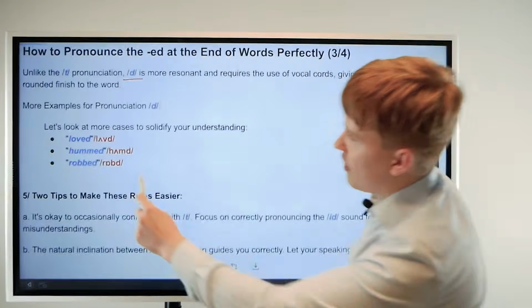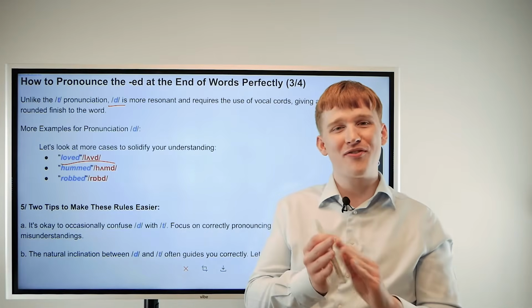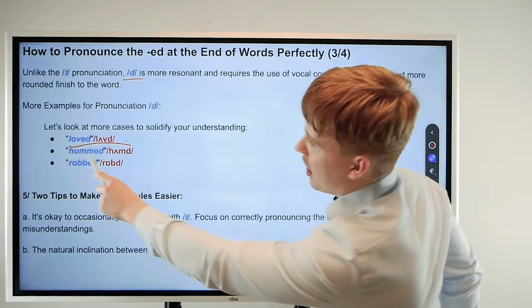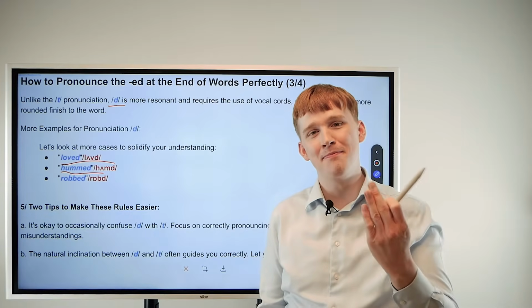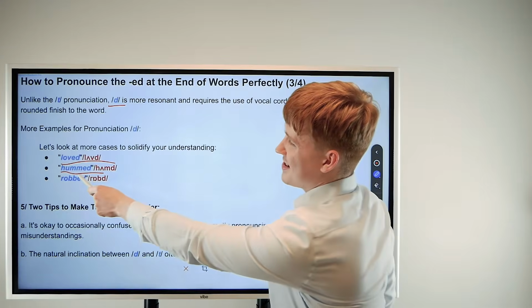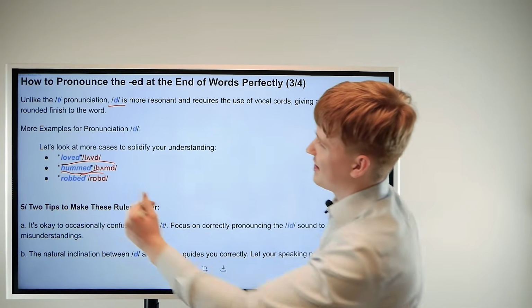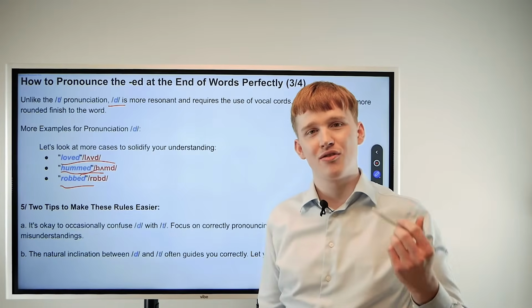So here we have loved. You're almost flying over that v to get to that D. So next up we have hummed. The m is the vibration there. So you want to go past that to get to the ED, which is pronounced as D. Lovely. So next up we have robbed.